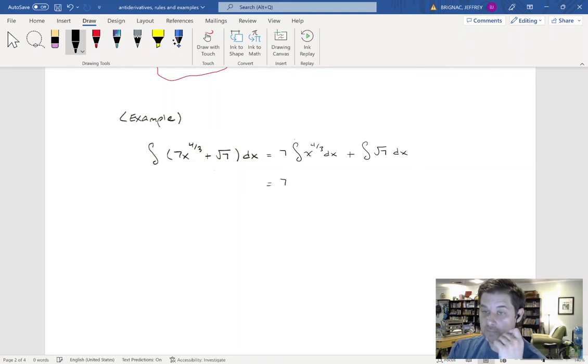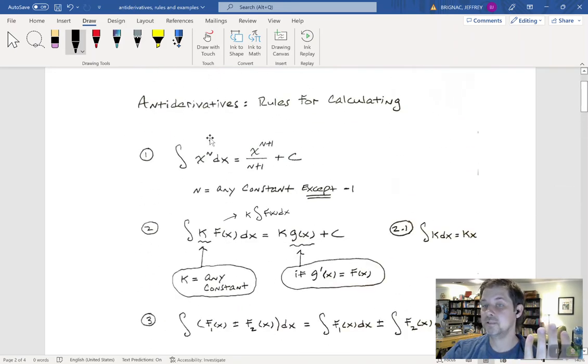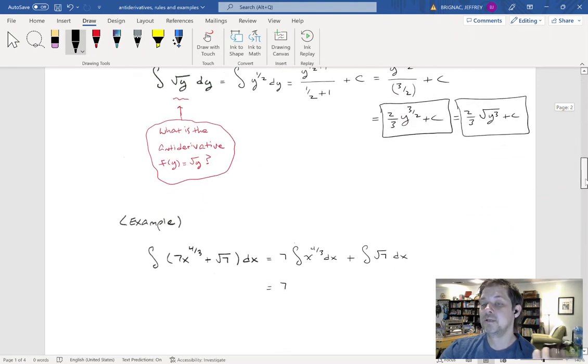The 7 being a constant is just going to follow along. How do you find the antiderivative of x to the 4/3 power? Well, that was the first rule that I showed you. If you've got x to any constant power except -1, just add 1 to that power and divide.